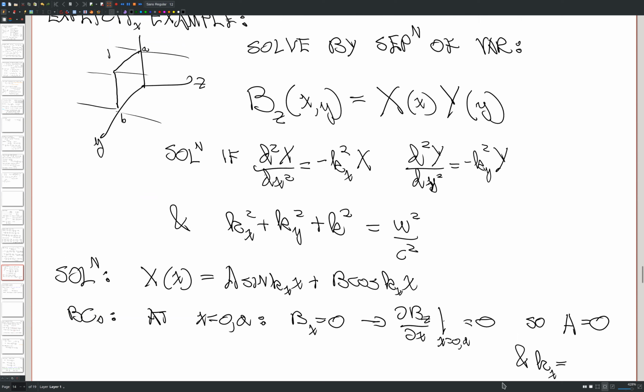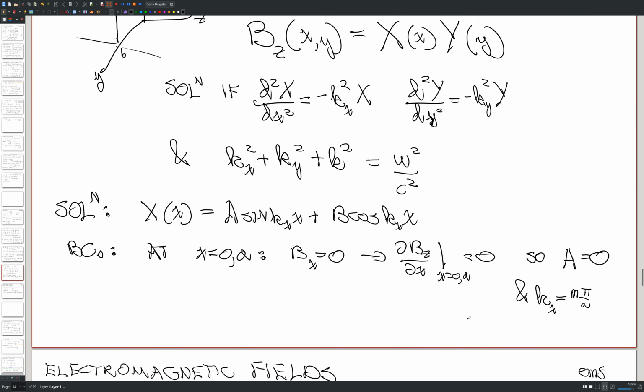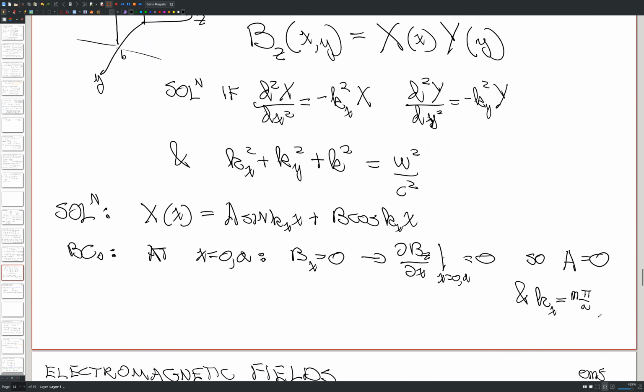So kx has to be an integer multiple of pi over a, where let me be clear that it's an m, where this m is equal to 0, 1, etc. Okay, so these are the solutions.